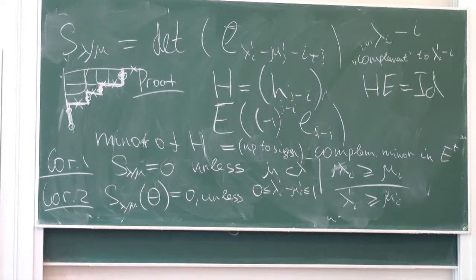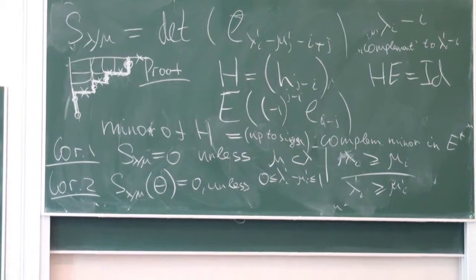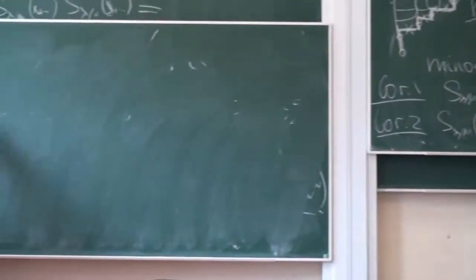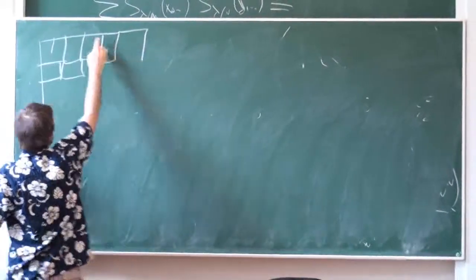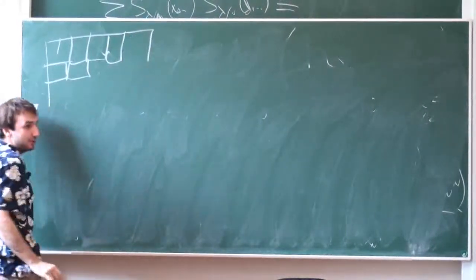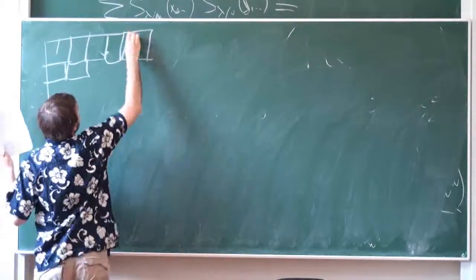So what do these inequalities mean? It says the following. So you have your Young diagram lambda. And now you have some mu. Okay, suppose this is mu. Now you have lambda, which is bigger, but not much bigger.